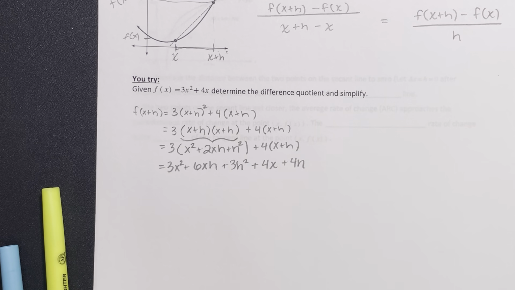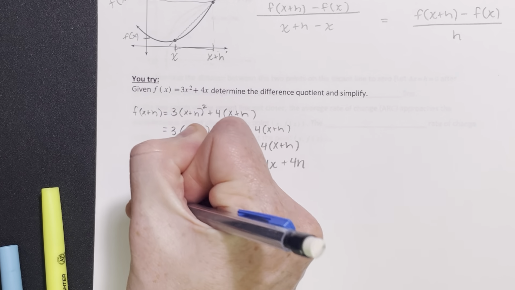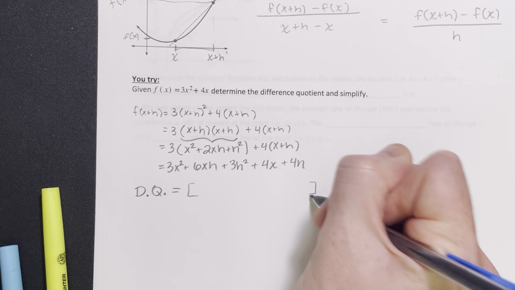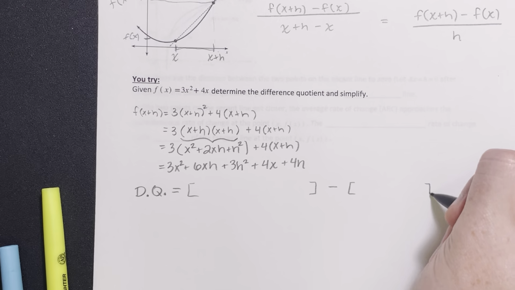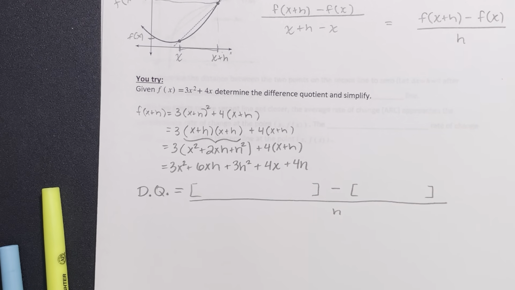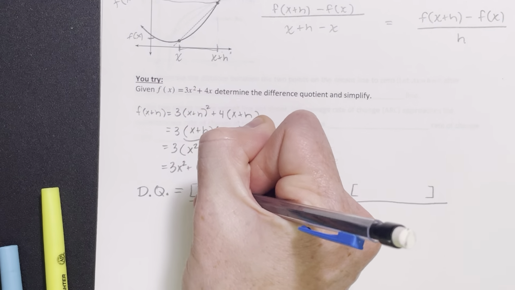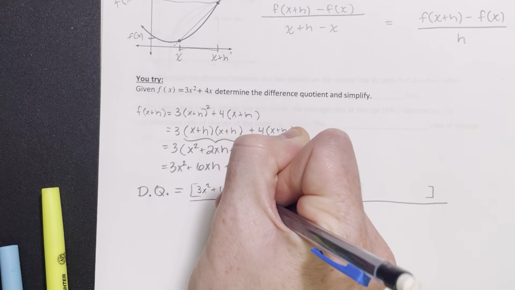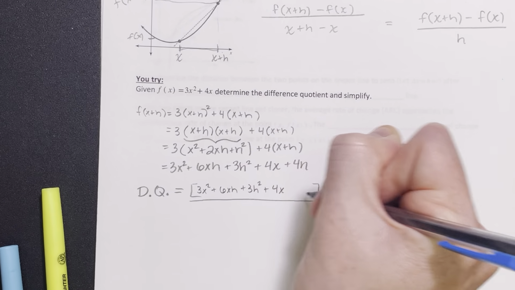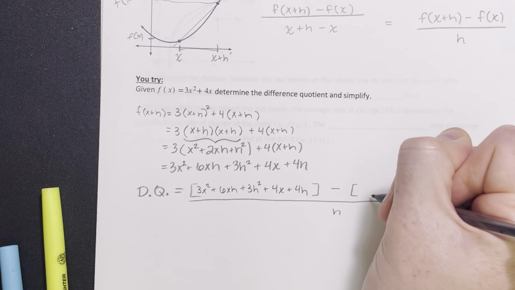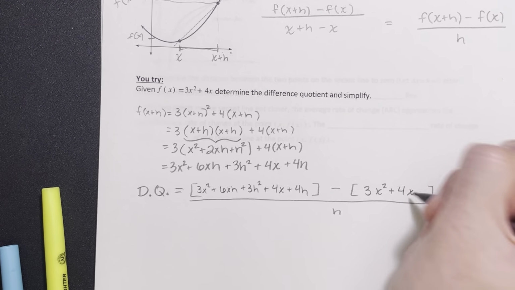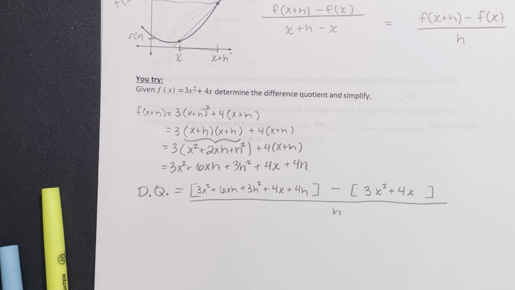None of those terms simplify, but we can find the actual difference quotient, which is f of x plus h minus f of x all over h. So if I put in what we just found, 3x squared plus 6xh plus 3h squared plus 4x and plus 4h, we are subtracting f of x, which was only 3x squared plus 4x.